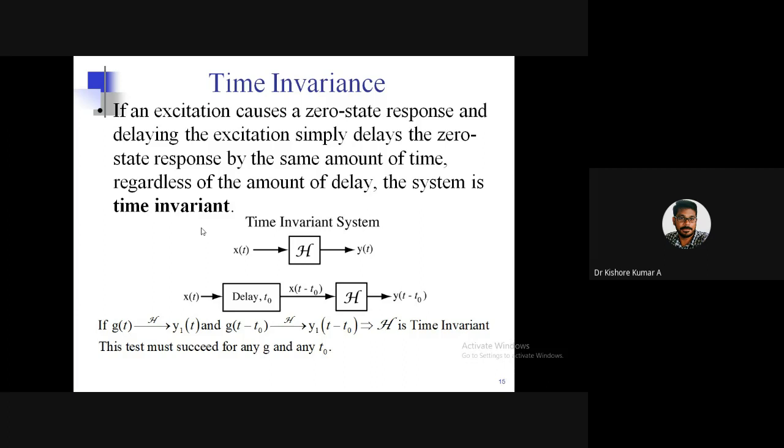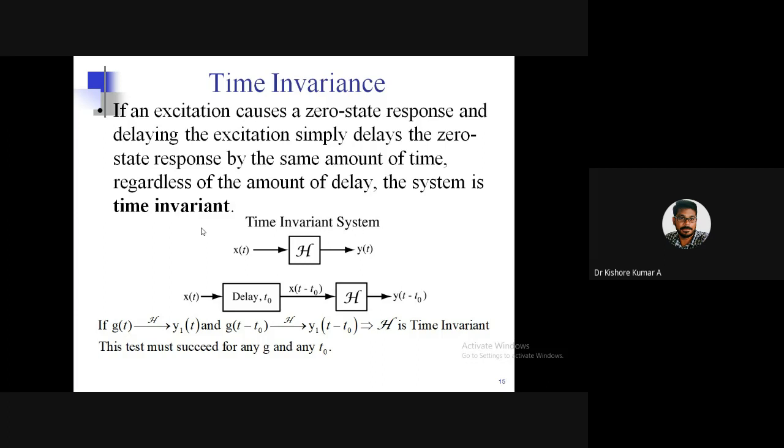So regardless of the amount of delay, we can conclude the system is time invariant. That has been clearly discussed in the following example. A time variant system is given and it is subjected to the signal x of t, which corresponds to the output signal y of t.